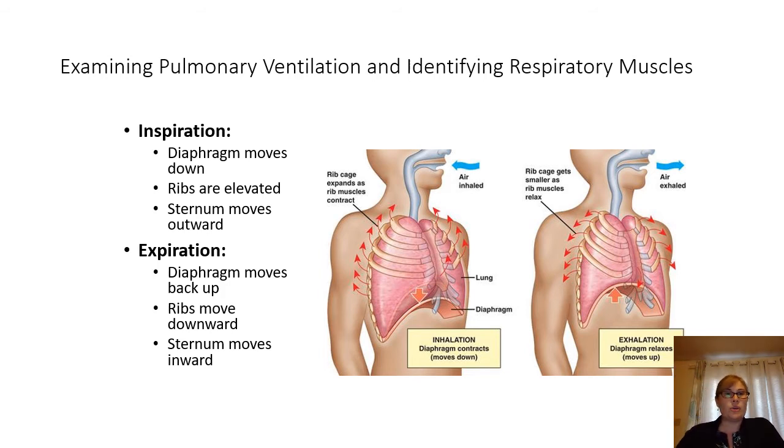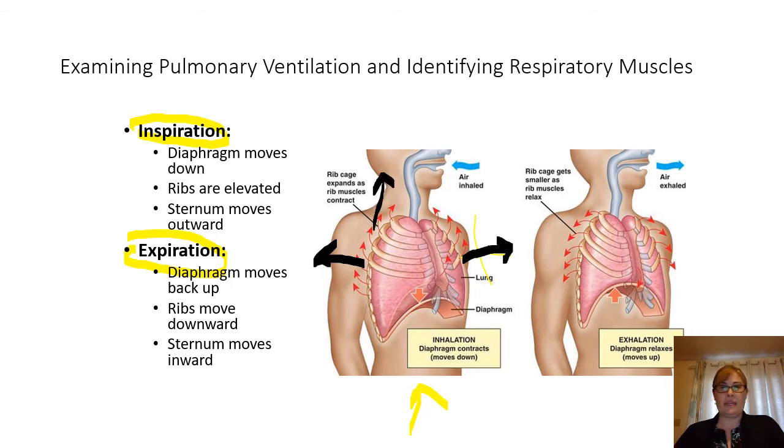Okay, it's really important to understand how inspiration happens and how expiration happens. In inspiration, which we also call inhalation, which is what we're seeing here, the rib cage moves out and up.